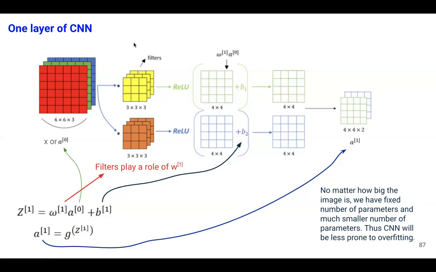That problem is solved by CNN. CNN has a much lower probability of overfitting. You have only 9 parameters here and 9 parameters here, so with 2 filters you have 9 plus 9 parameters, a very small number compared to DNN. So the overfitting problem will be better handled in this kind of network.